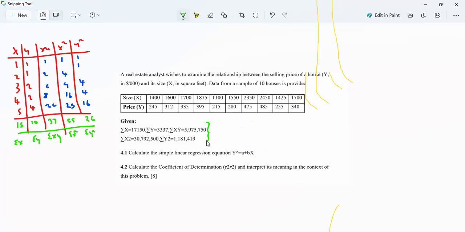All right. So this being said, regression has many purposes. The purpose of regression is to come up with a prediction equation, which is given by y is equal to a plus bx.